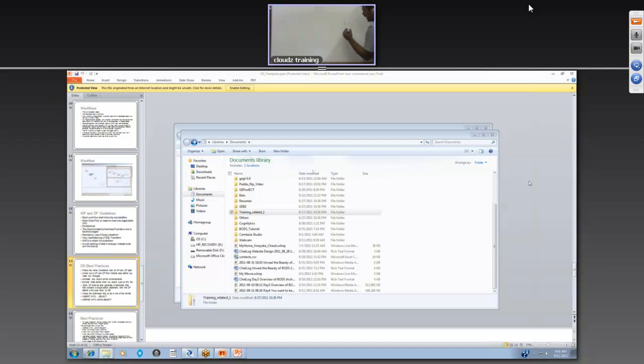So the department names are like this. You're able to see the screen, right? Okay. I have three departments. Department 10 is my production. Department 20 is my sales. Department 30 is my marketing.